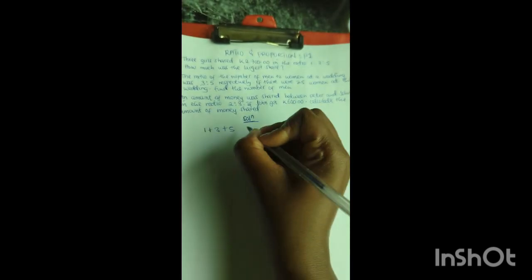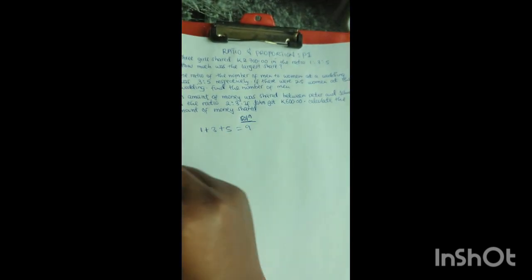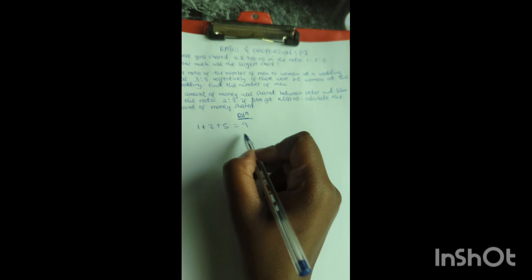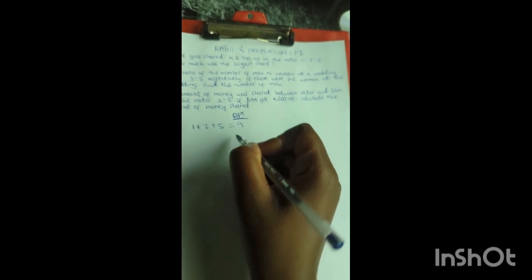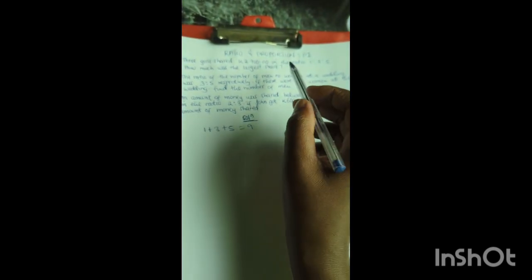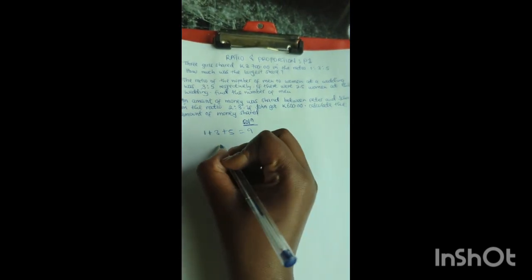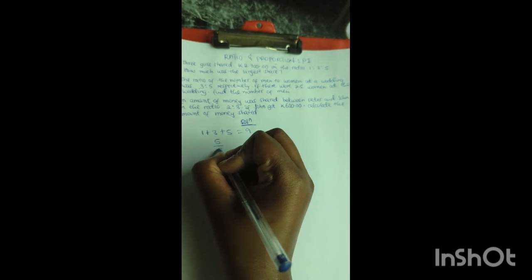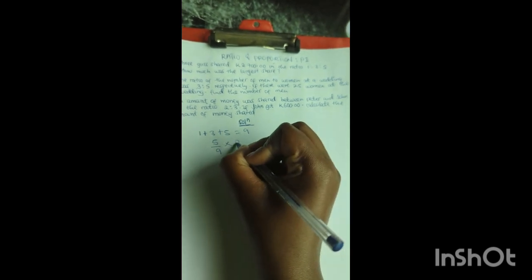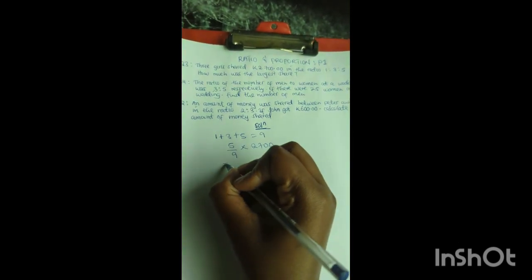We said this is 9. It will be the ratio you're looking for over the overall ratio, multiplied by the actual amount or the total number of things you've been given. So here, the largest ratio is 5. So we'll do 5 over 9 multiplied by the total amount, 2,700. Remember, no calculators. You're not allowed to use calculators at grade 9.